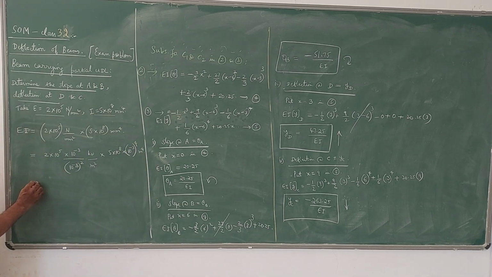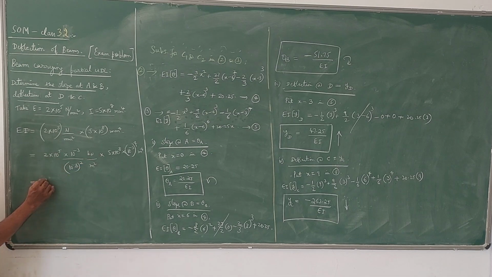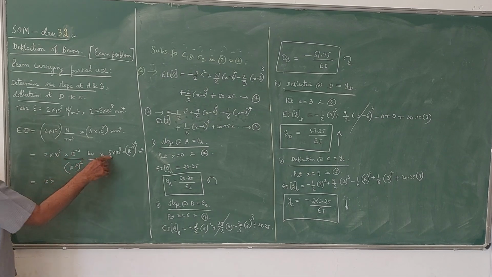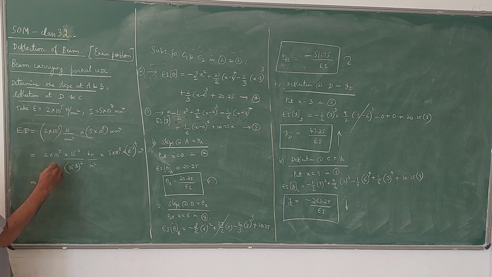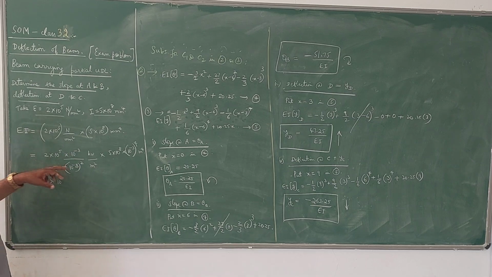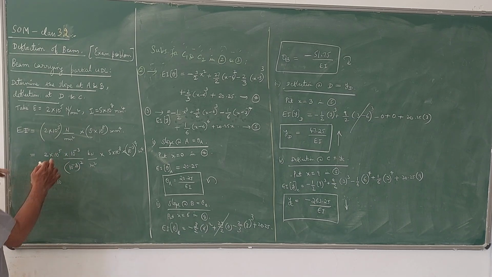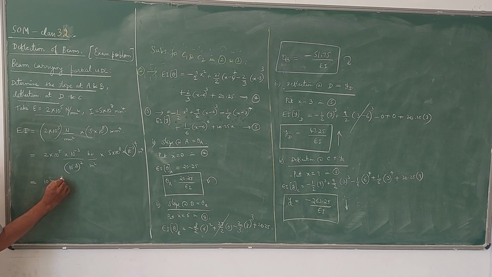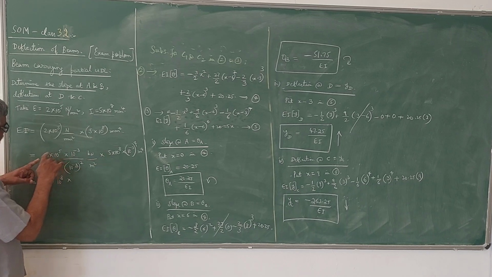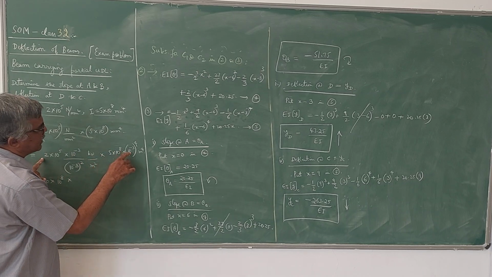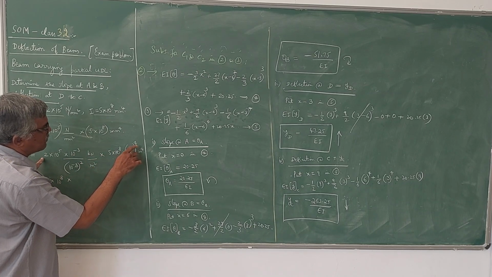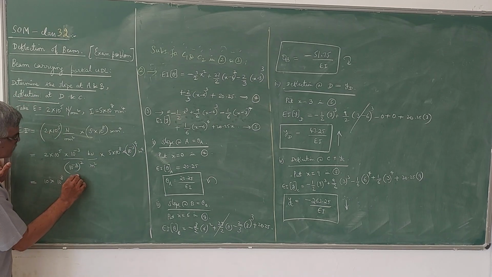Now let me multiply 2 and 5 here. It becomes 10, since 2 into 5 is 10. Here you can see 10 power 5 into 10 power minus 3 squared; minus 5 minus 3, if it goes to the numerator, becomes plus 6, so finally 2 plus 6 is 8. So this becomes 10 power 8. Then 10 power 8 into 10 power minus 12 means 10 power minus 4.